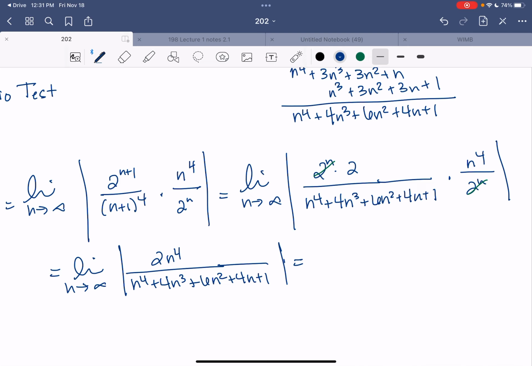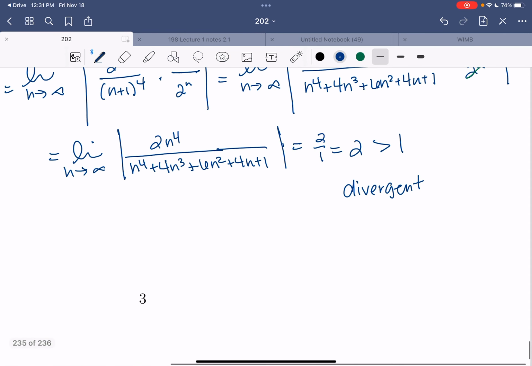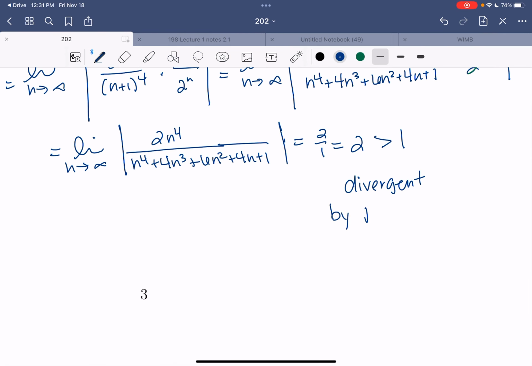And when you take that limit, you have 2 polynomials, both of which have degree 4. So the limit is the ratio of the leading coefficients. So that's 2 over 1 equals 2. And that's greater than 1, which makes this divergent by the ratio test.